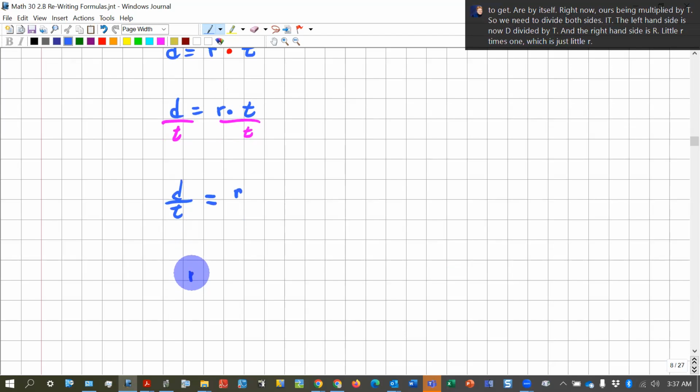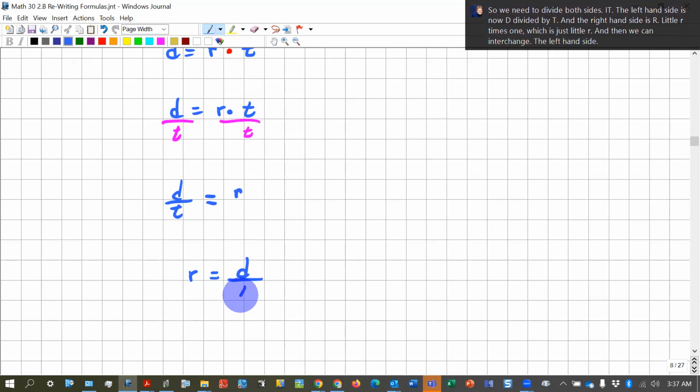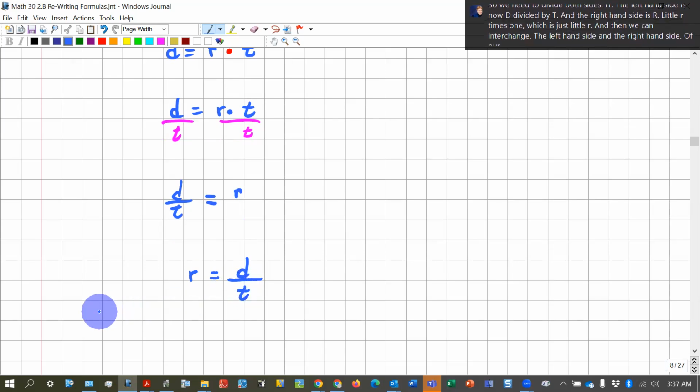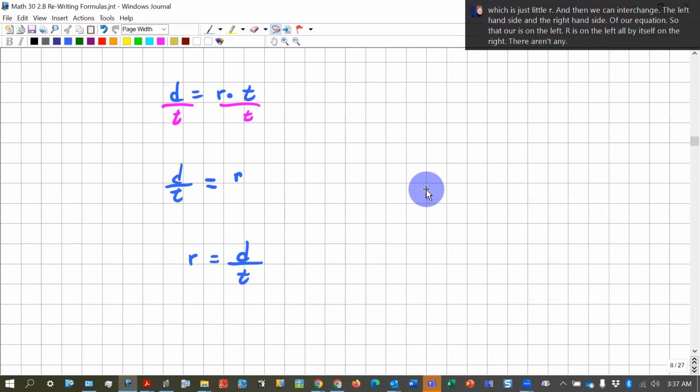And then we can interchange the left-hand side and the right-hand side of our equation so that r is on the left. R is on the left all by itself. On the right, there aren't any r's, so we're done.